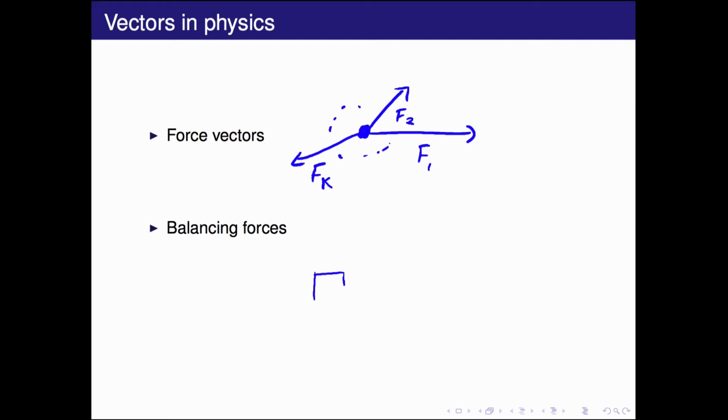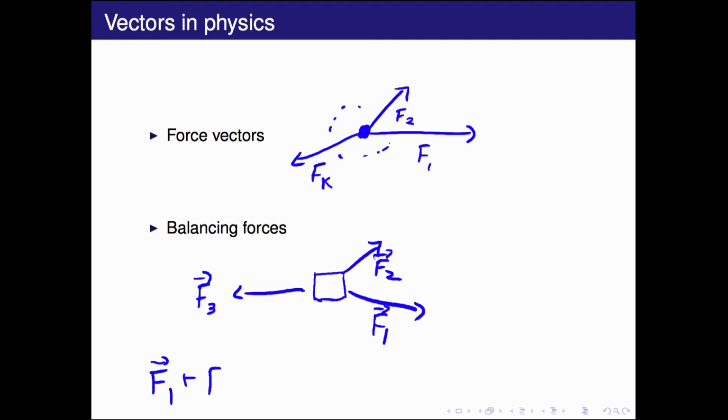So if I have an object that I want not to be moving, or rather an object that is not experiencing any acceleration, then I need to make sure that the forces acting on that object are what are called balanced. And what it means for forces to be balanced is that when you take them as vectors and take their sum, you should get, as a result, the zero vector.